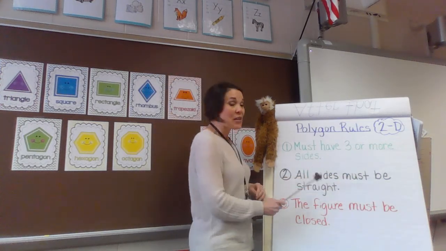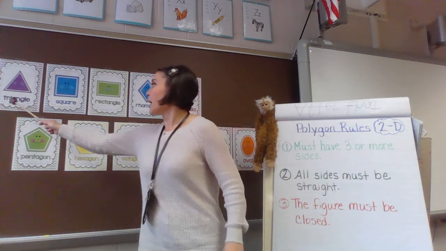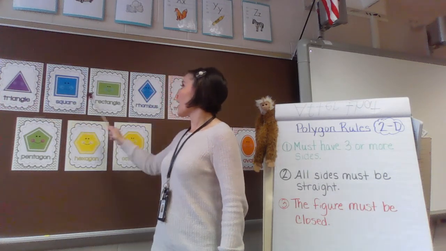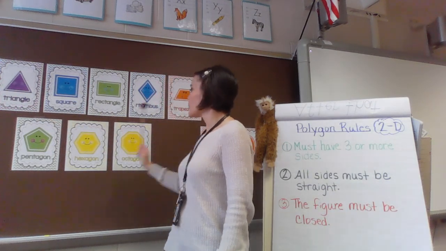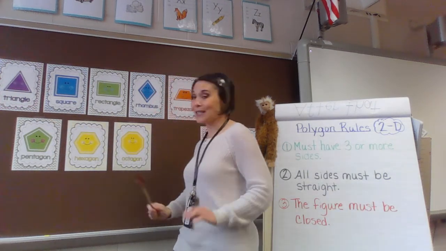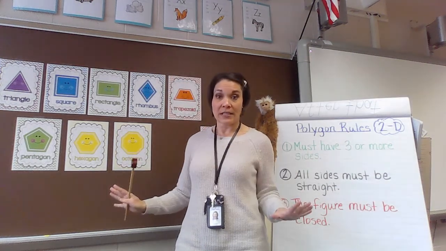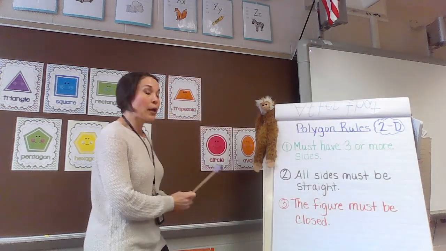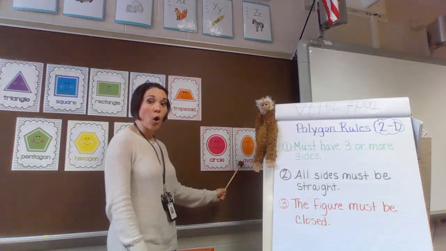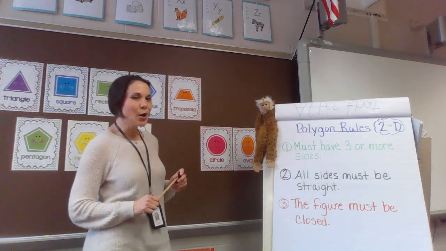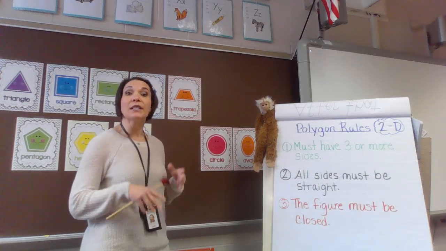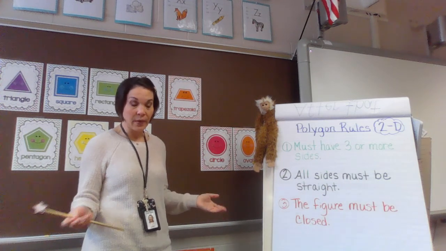All sides must be straight. When you're looking at our triangle, square, rectangle, rhombus, trapezoid, pentagon, hexagon, octagon, they all have straight sides. But our circle and our oval don't have straight sides. They have what we could call a curved side.